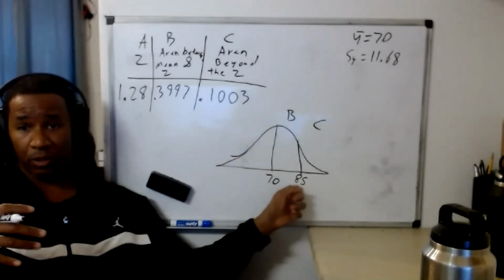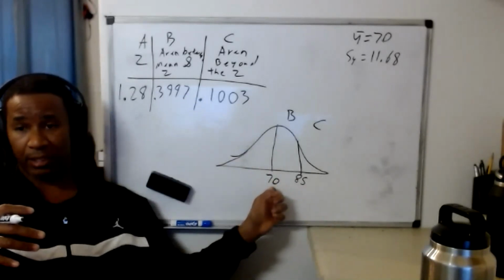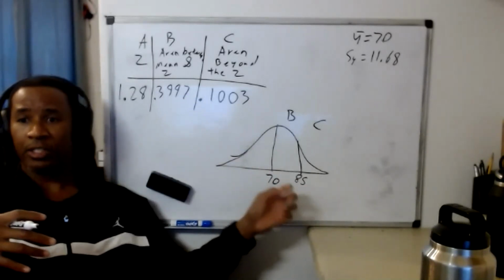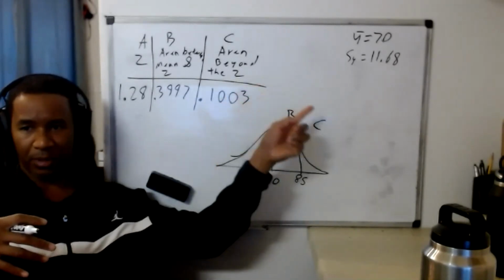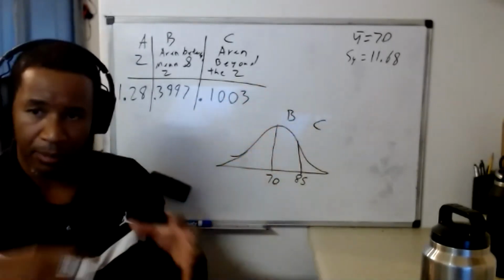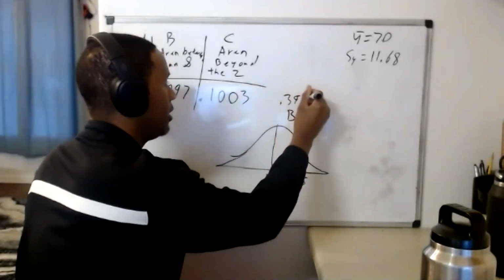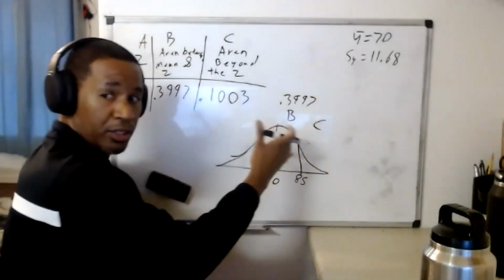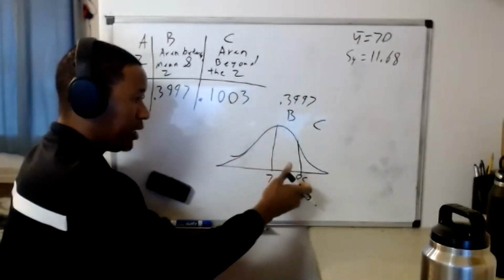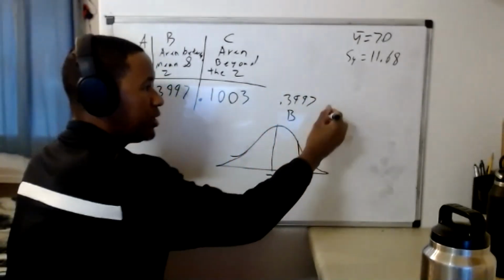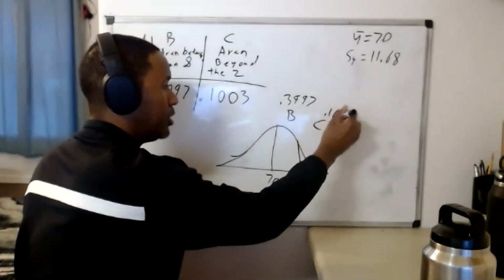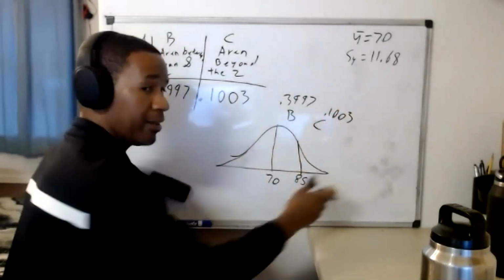So I'm going to write these numbers up here to help us understand them. 0.3997 proportion of the course scored between 70 and 85, and 0.1003 proportion did better than I did.